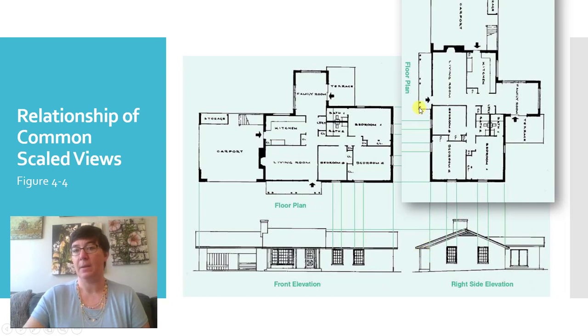Way in the back, we can see the edge of the porch right there. And on this side, we can see the elevation of that family room. And here is the fireplace with the chimney above it. Okay, so that's how your floor plans and your elevations are related to each other.